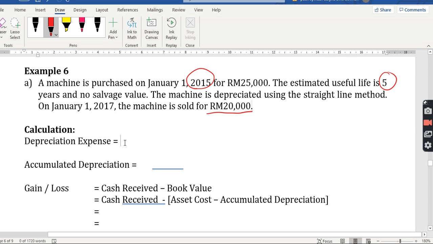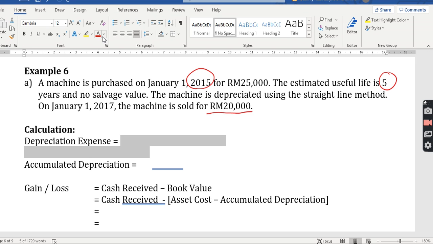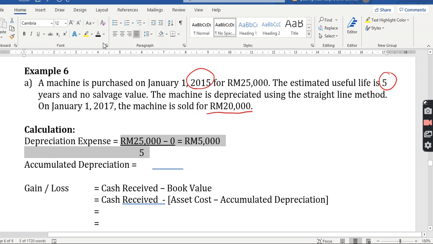Now we see the depreciation expense for 1 year is $5,000.